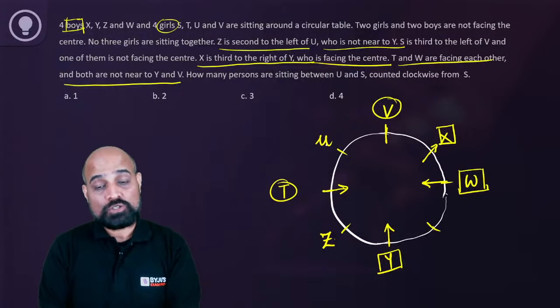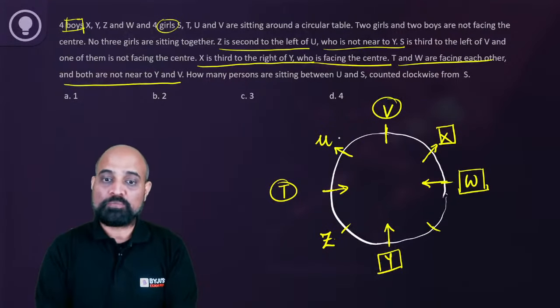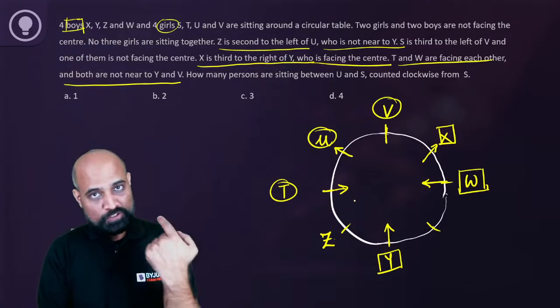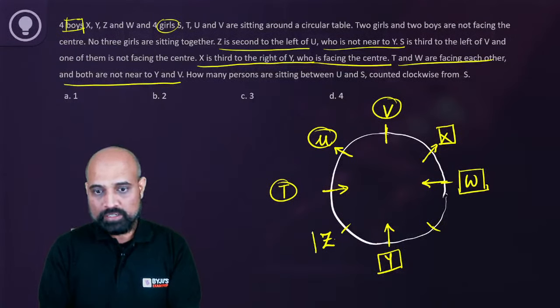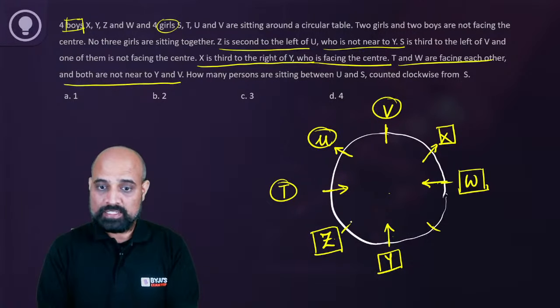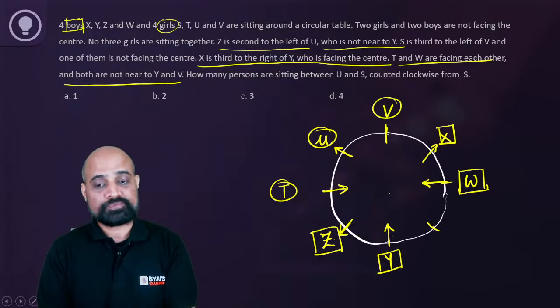Now since Z is to the left of U, that means U should be pointing upwards, outside मतलब. So we have one female facing inwards, one female facing outwards. Z is a boy, and since we already have two boys facing towards the center, then Z should be facing outwards. ये भी हो गया.